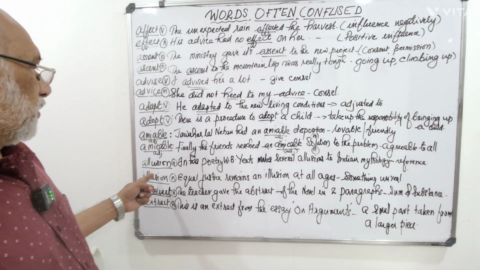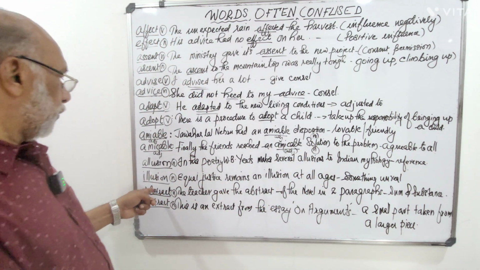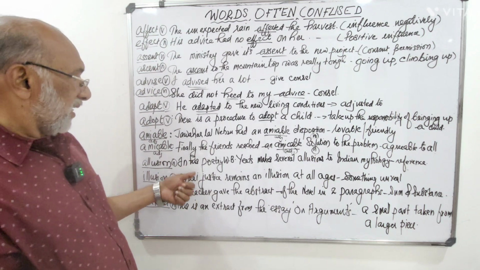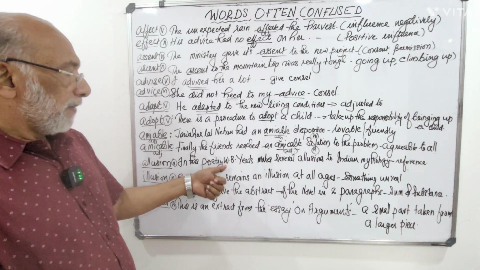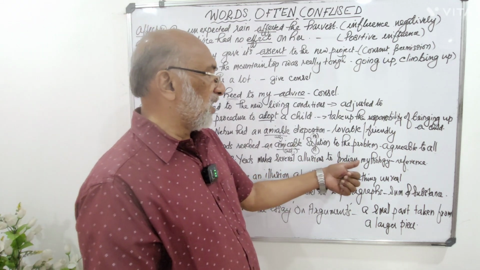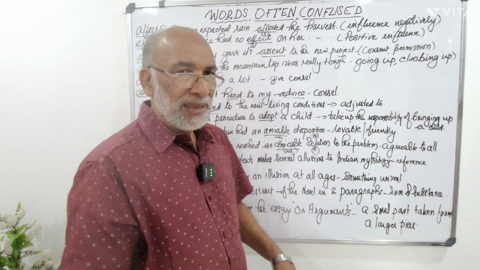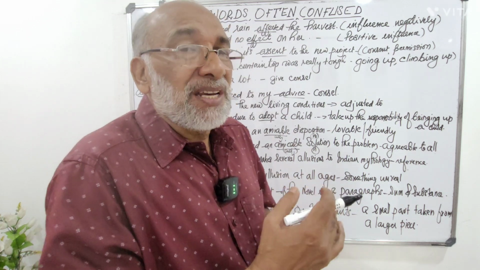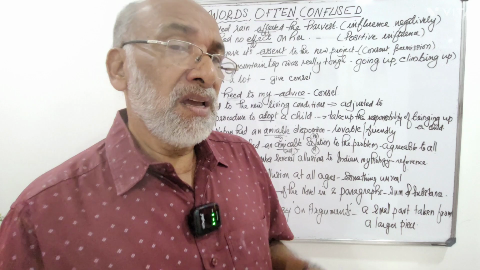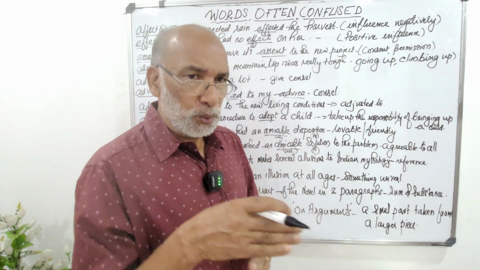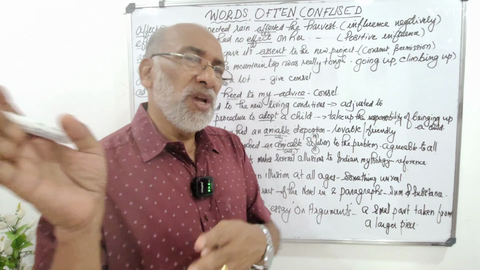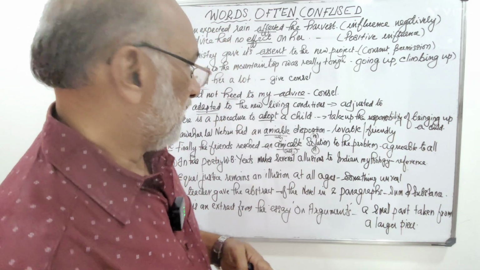Then, coming to the next pair, allusion and illusion. In his poetry, W.B. Yeats makes several allusions to Indian mythology. I had British history with special reference to English language and literature. When we went through the chapters, there were many allusions to Greek mythology and all that.